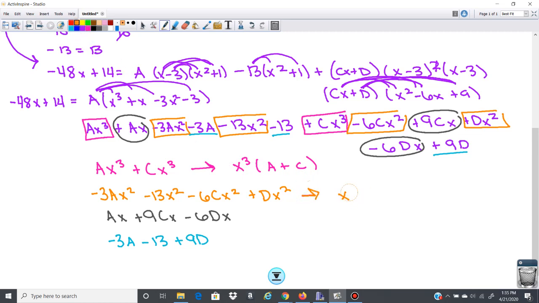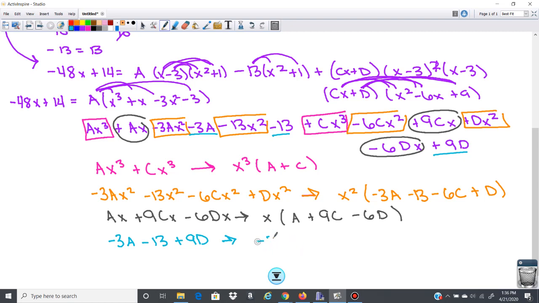Okay, I can take out an x squared, and that's going to leave me with a negative 3a minus 13 minus 6c plus d. Okay, and then the next one, I can take an x out, and that is going to give me a plus 9c minus 6d. And then my last one, nothing comes out of that one, so this just becomes the same thing.